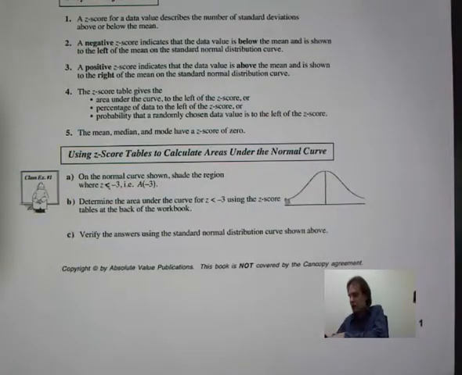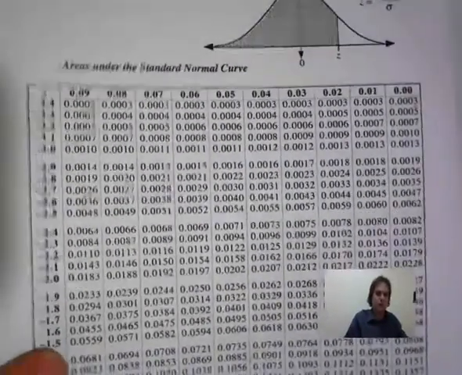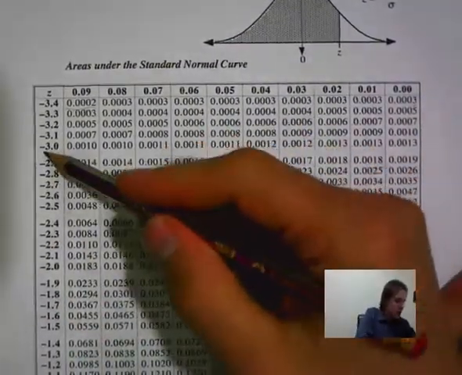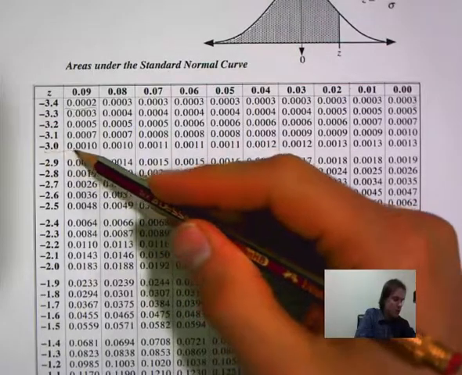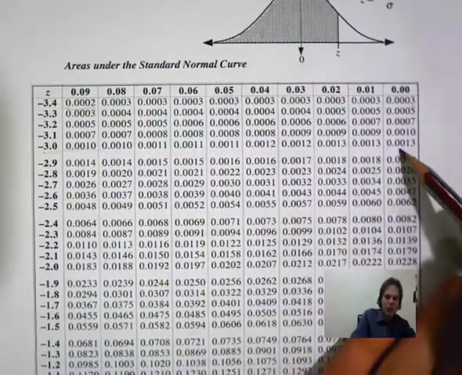So we're going to go back to our table here, and I want -3.0. So I go here, and I look. -3.00 is all the way over here.